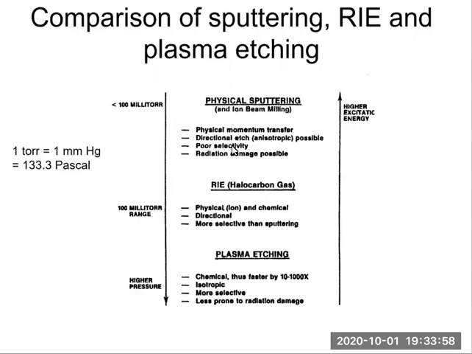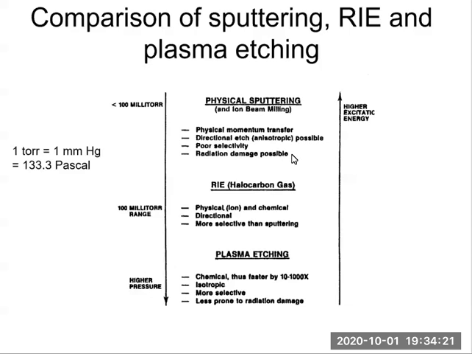Sputtering has poor selectivity, because the masking layer and the substrate typically have a similar sputtering yield. So poor selectivity.